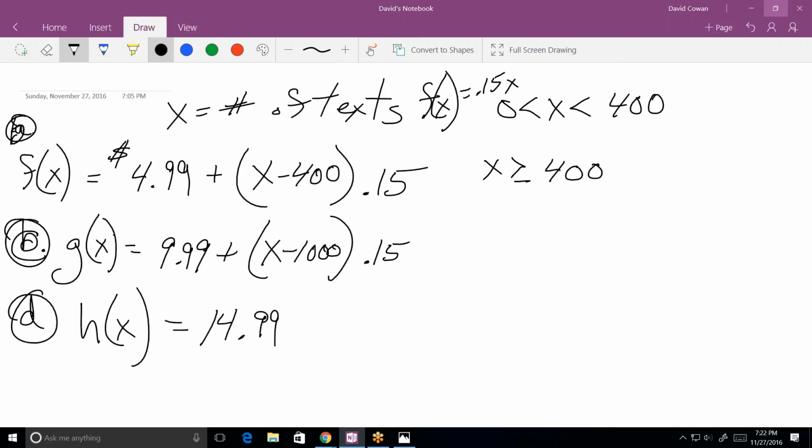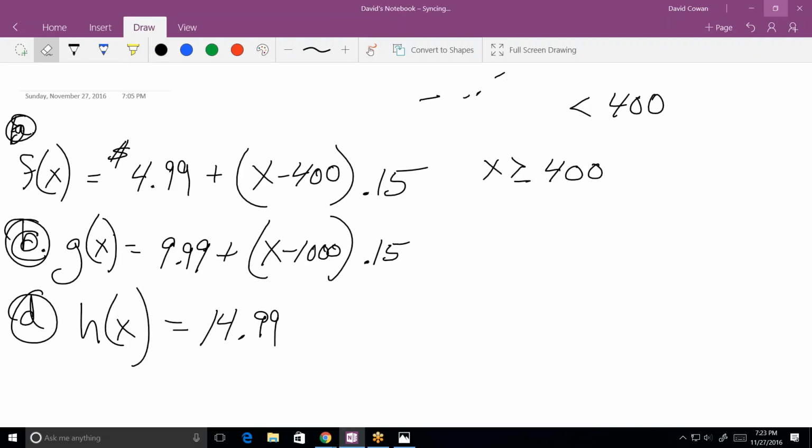And if x is less than 400, then it's not this function. In other words, we do kind of maybe need a piecewise function here. Now, let's see if I can set this up as a piecewise function. Hold on a minute. And let me put the first function here.